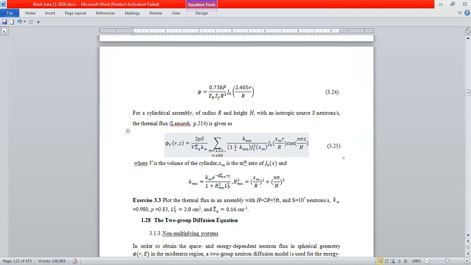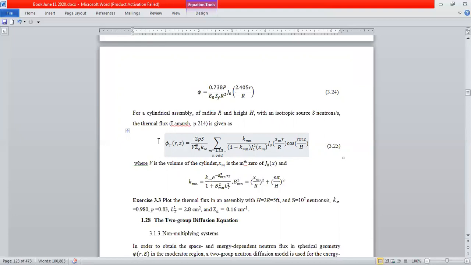So I think I'll leave you with this over here, that we've made quite a little bit of progress. You started designing your own nuclear reactor because now you know what K effective is, you know what K infinity is, you know what L square is, you know an eigenfunction, you know eigenvalues.